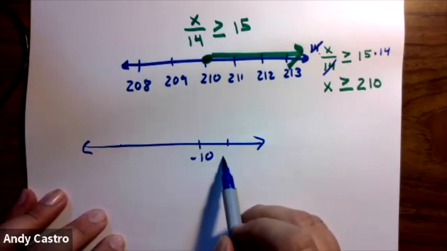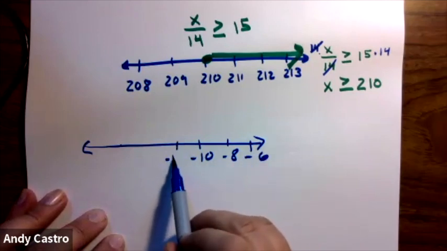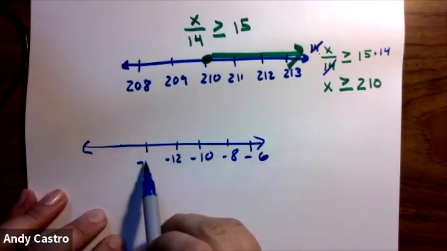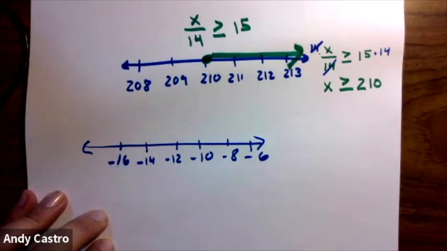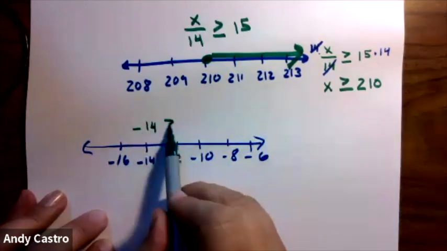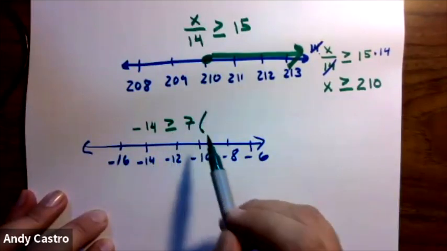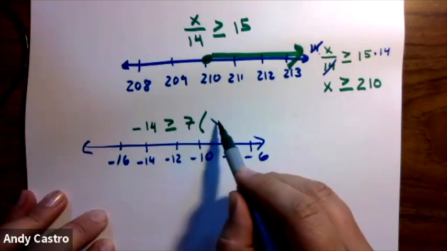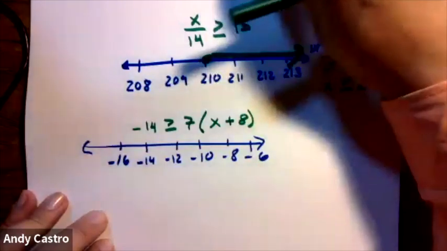We're going to go up by 2, negative 8, negative 6, negative 12, negative 14, negative 16. All right. And we're going to have negative 14 greater than or equal to 7 times the quantity x plus 8. Okay.